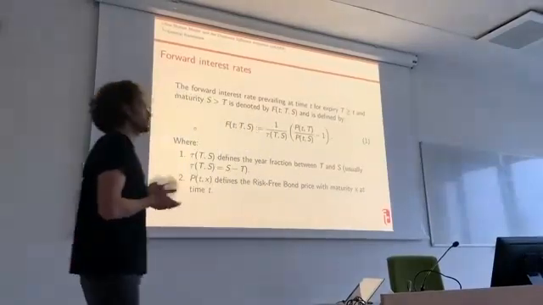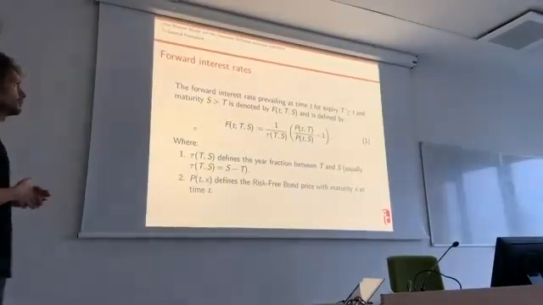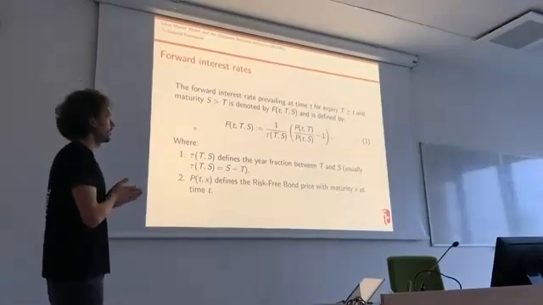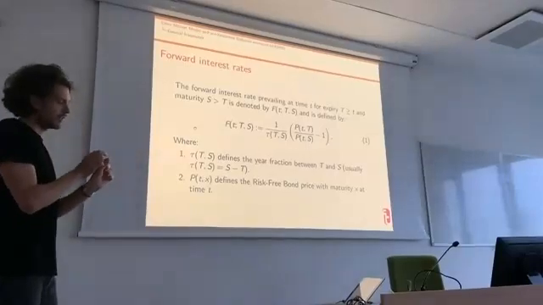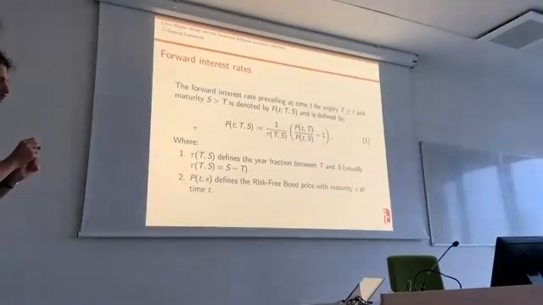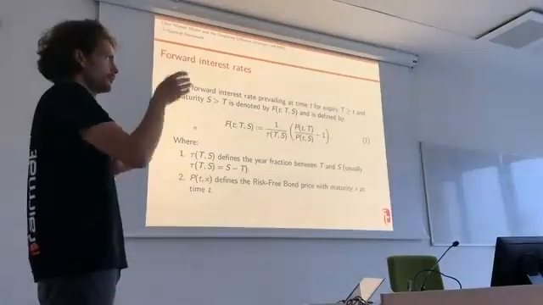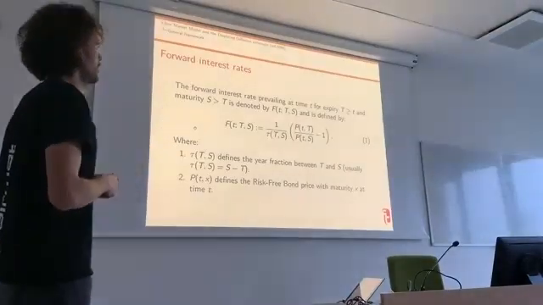So first of all, let's talk about the quantities involved. Maybe some of you already know what a forward interest rate is. For those who are not familiar, this is the forward interest rate. Basically, it is an interest rate covering a future time range.